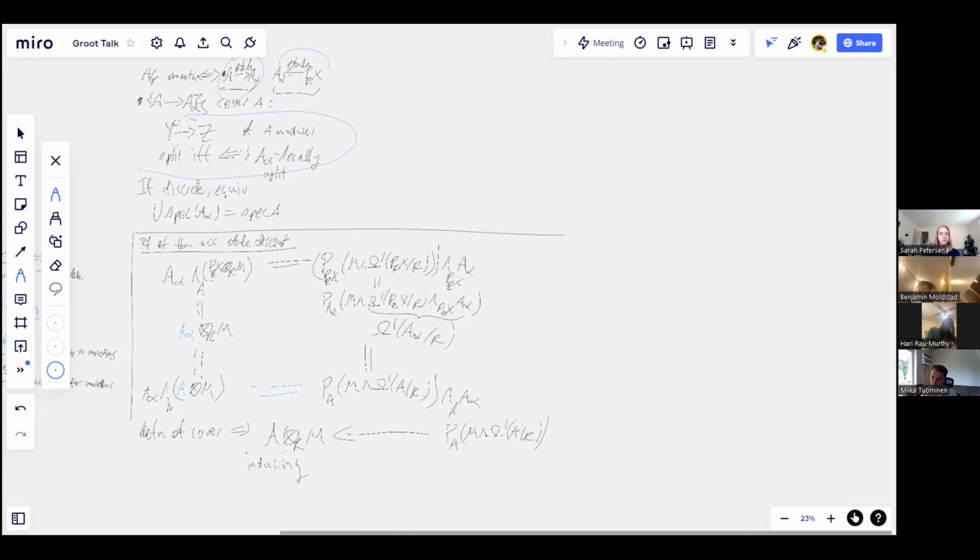That in turn implies that this over here is an isomorphism, and that is my theorem.